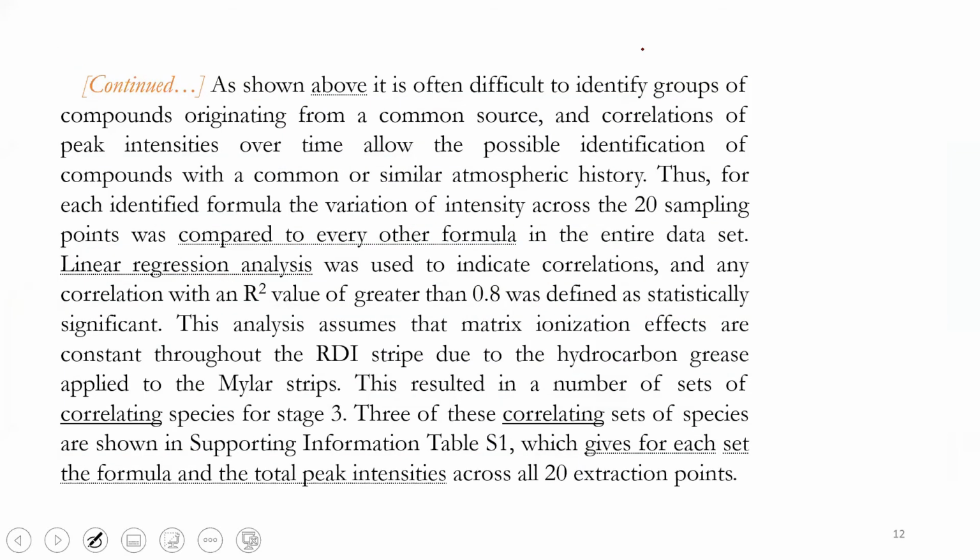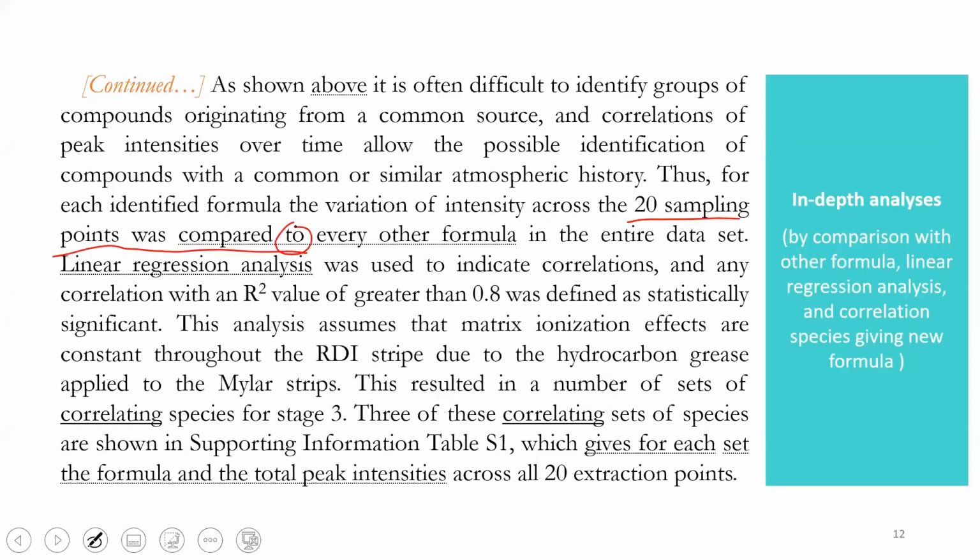As shown above, it is often difficult to identify this or that. So this is the first analysis as compared to every other formula in the entire dataset. Then it conducted linear regression analysis, and later on it used correlation.